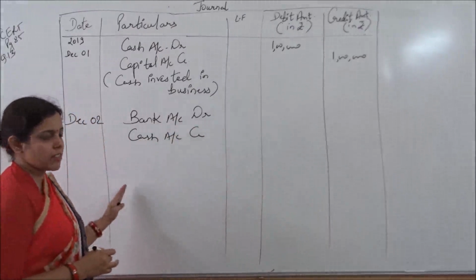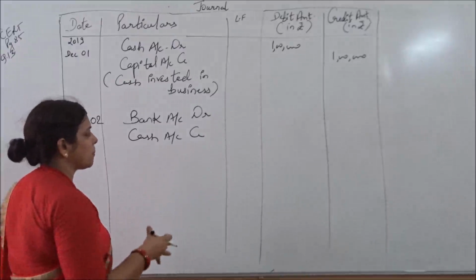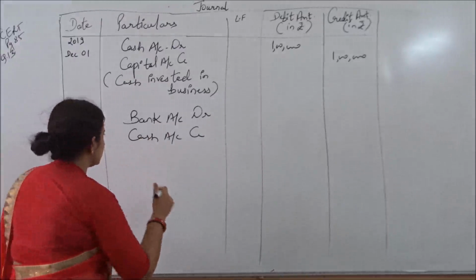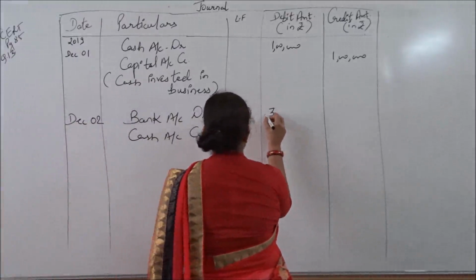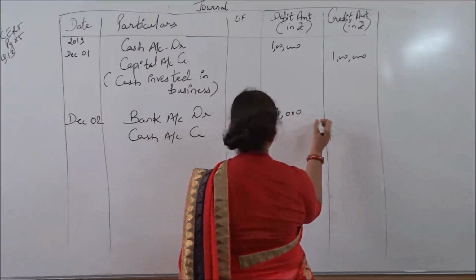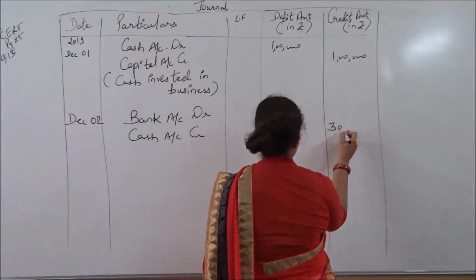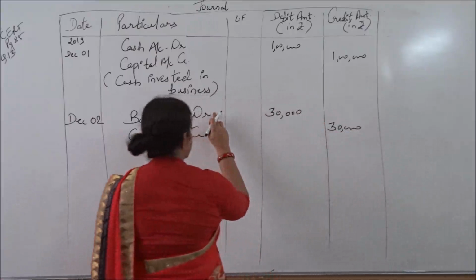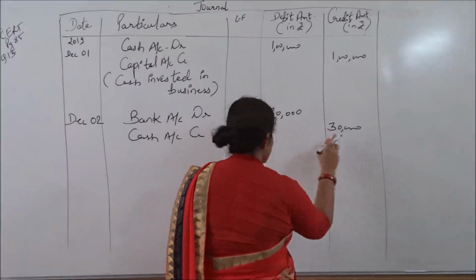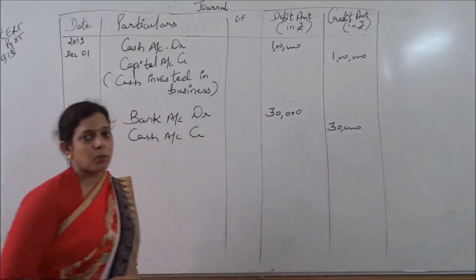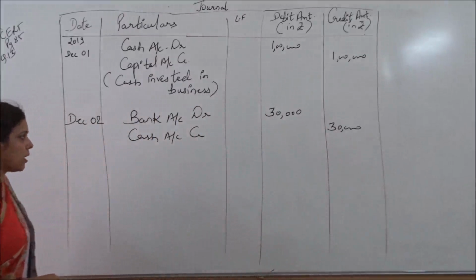As we have seen in the previous videos, all the rules, just we have to apply the rules. We have to just think which are the parties. What is the amount? 30,000. See the line properly you have to write. Debit, it will exactly come here. Credit, when you will draw the line, it will be in the same line. Okay. Focus on presentation, my dear. Otherwise, you will lose marks.